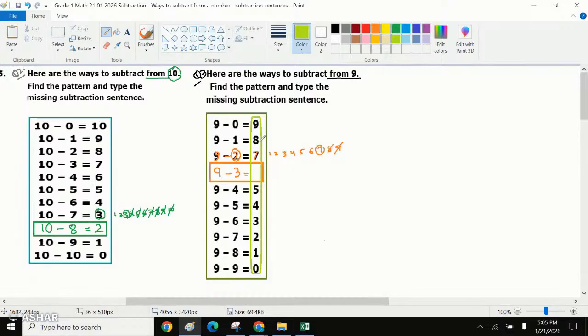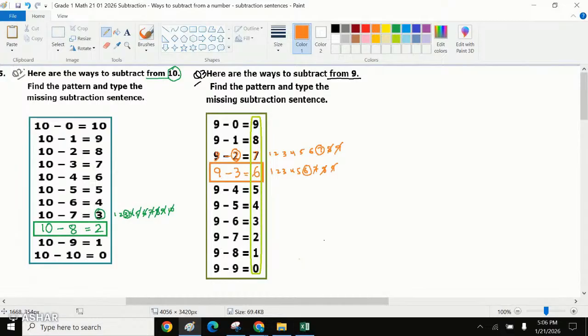If the number was 9, 8, 7, then the next number should be 2, 3, 4, 5, 6, 7, 8, and 9. If we remove 3, we are left with 6. So we can say 9 minus 3 would be equals to 6, right?